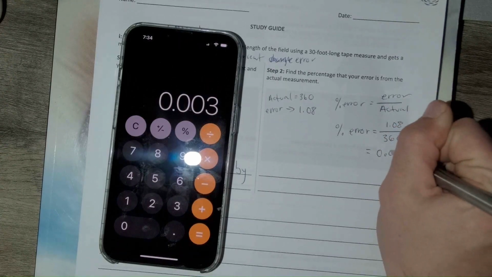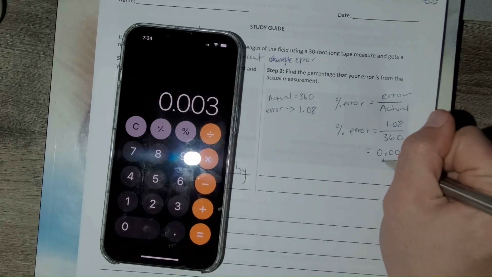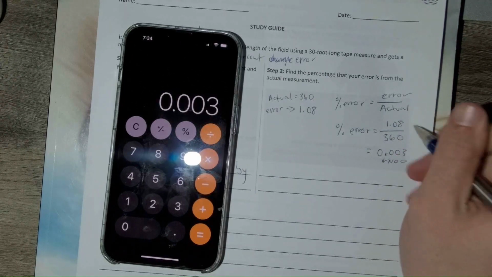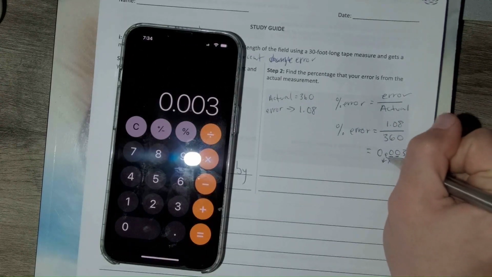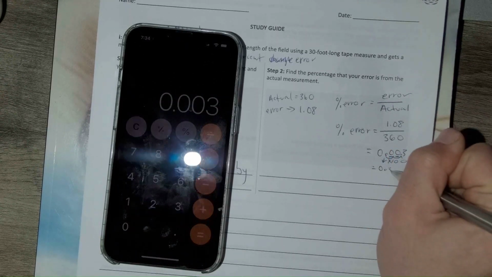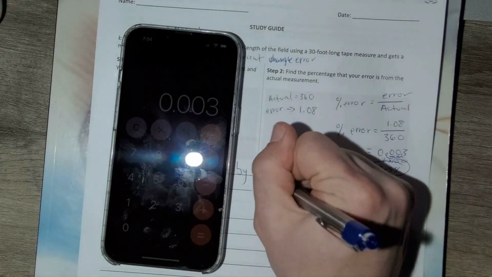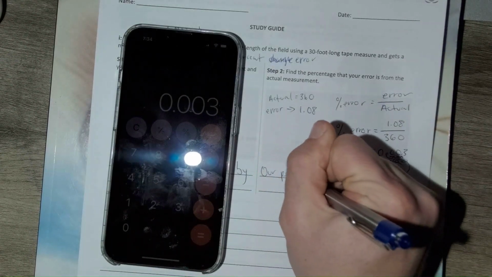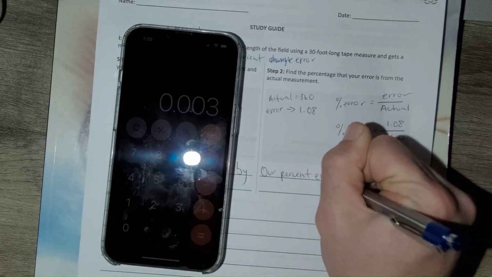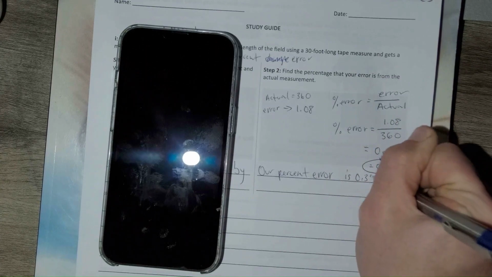What we remember from class is that to get from a decimal to a percent, you multiply by 100, which moves the decimal place over 2 times, and we end up getting 0.3%. So we would say our percent error is 0.3%.